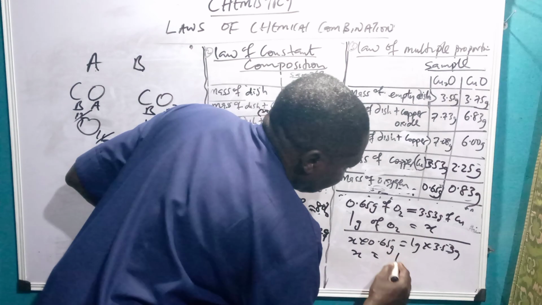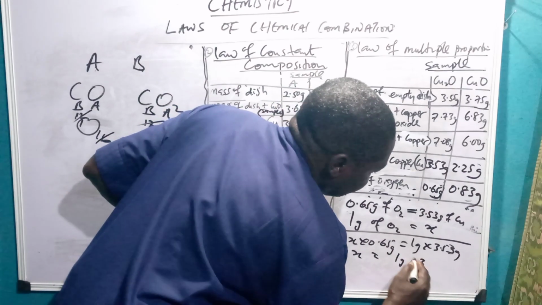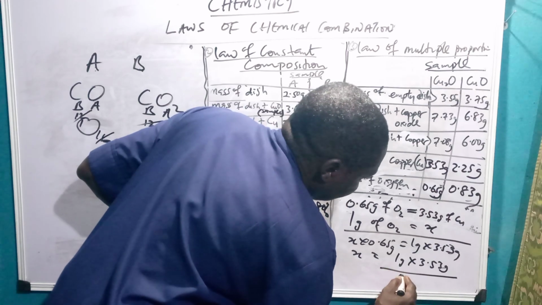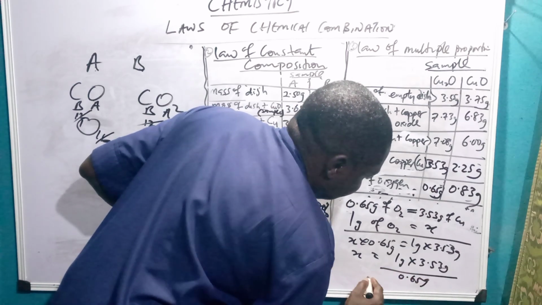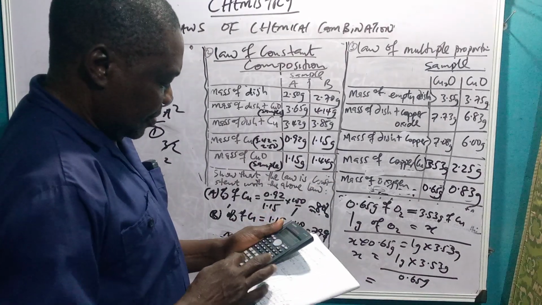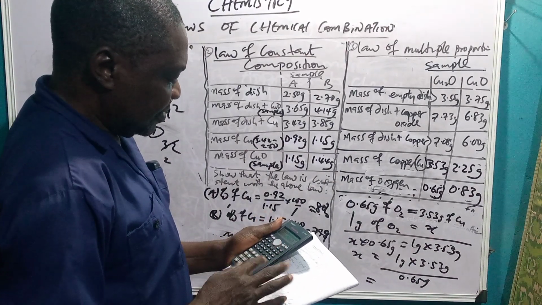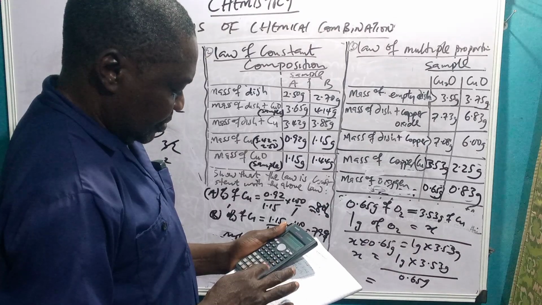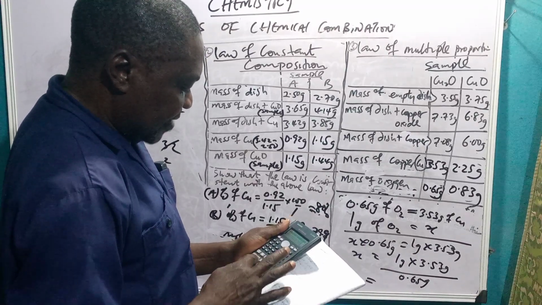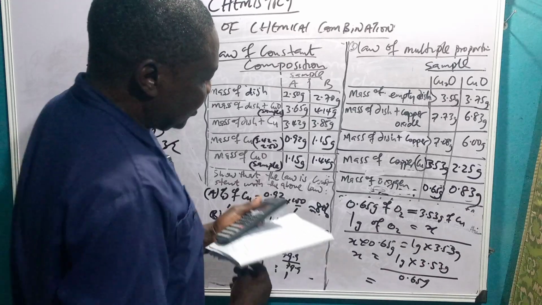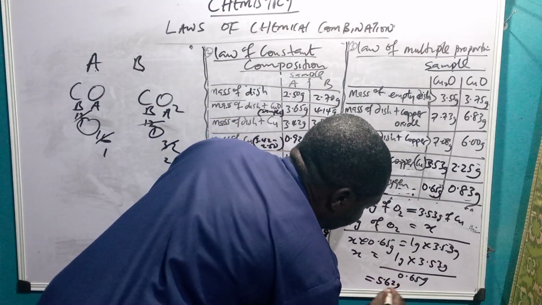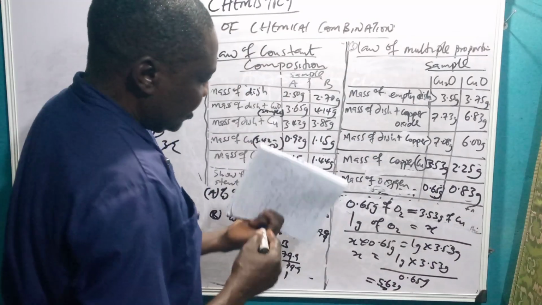X equals 1 gram times 3.53 gram over 0.65 gram. 3.53 divided by 0.65 gives you 5.62 grams. That is for this.